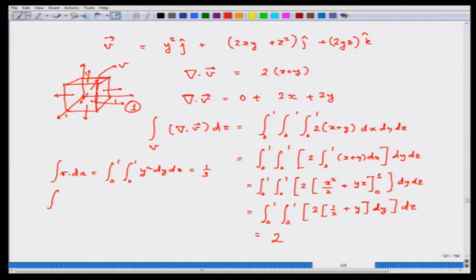Similarly, if you take the same thing on the other side, the one opposite to the first side, the facing side, here you will have a minus sign and as before. So, in that way we will continue to do it and you verify that these are equal.